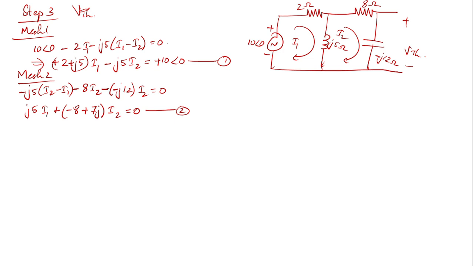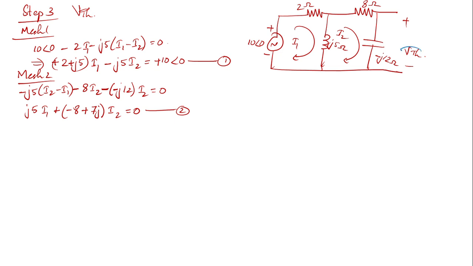Now we need to find out the values of I1 and I2, and I have already mentioned that in your calculators you cannot solve the complex equations, so it's better to use the Cramer's rule. But just look at the circuit again, whether both the values of I1 as well as I2 are required.